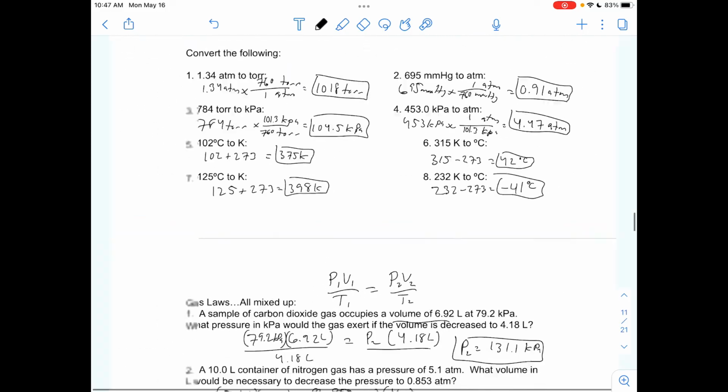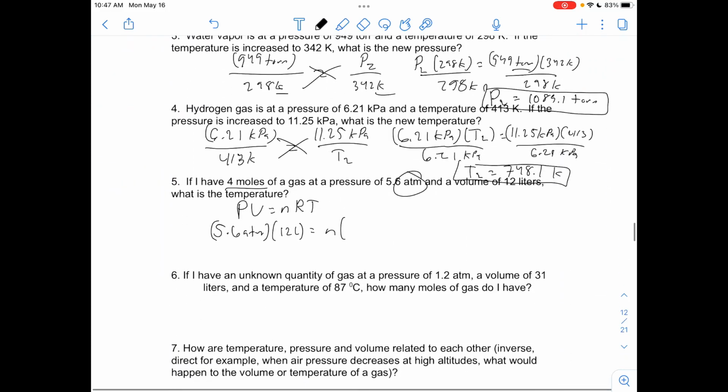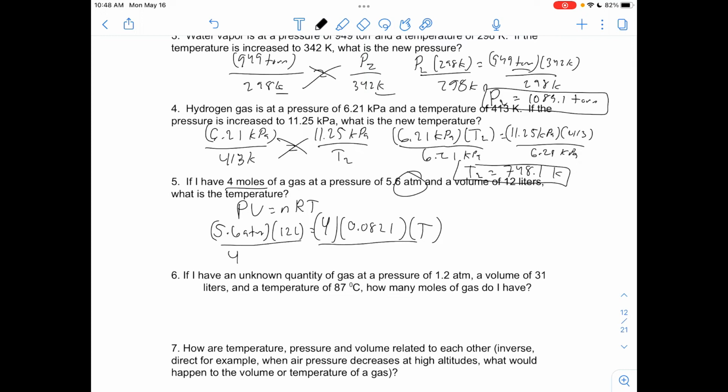So 0.0821. And that's a constant as long as we're using atm. And sorry, we're not looking for moles, we're looking for temperature. We have 4 moles. Looking for temperature, so we're going to divide by 4 and divide by 0.0821.